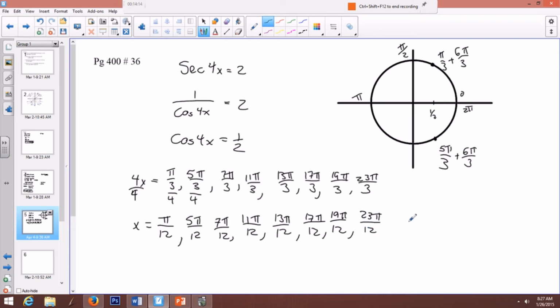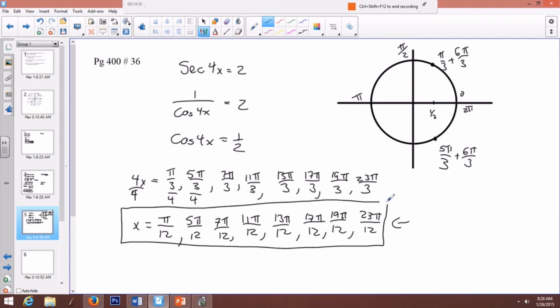Now notice, that thing is almost 2 pi. So if I added, excuse me, another 6 pi over 3 to this one, I would be past 2 pi, I'd be over 24 pi over 12. So these are all the solutions for this particular problem.